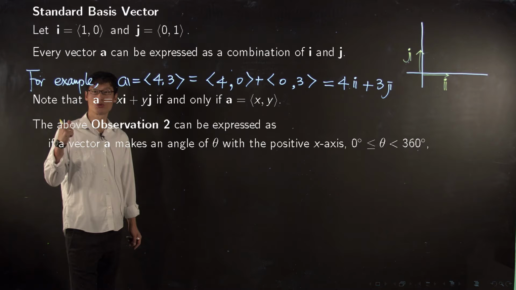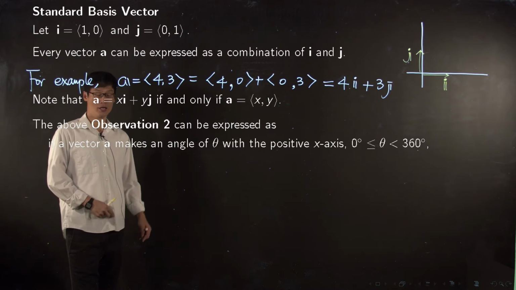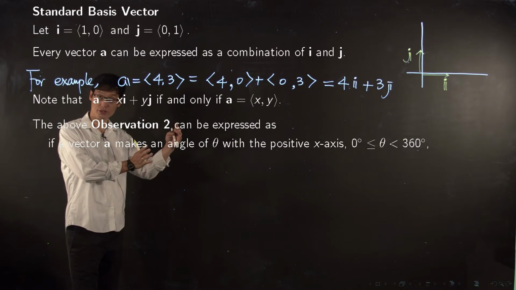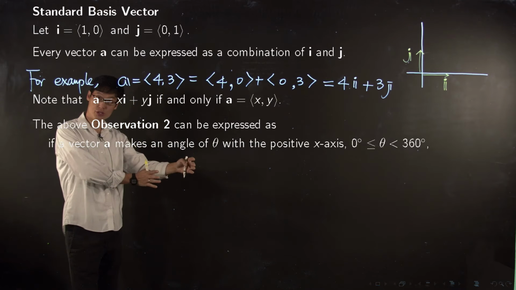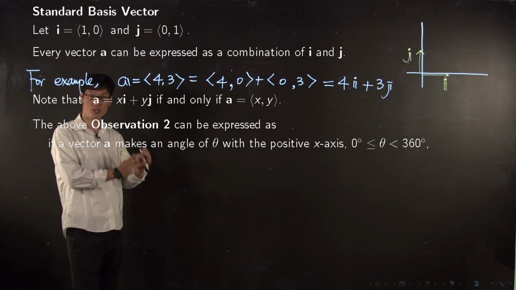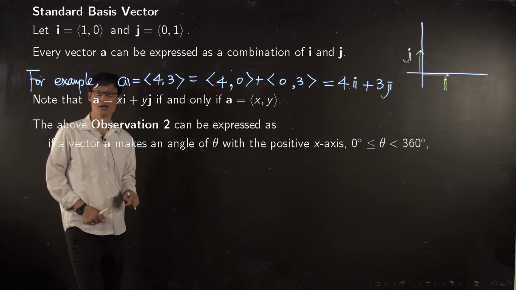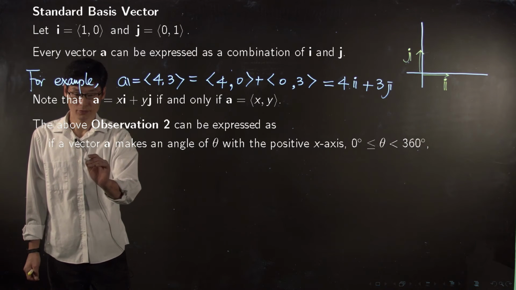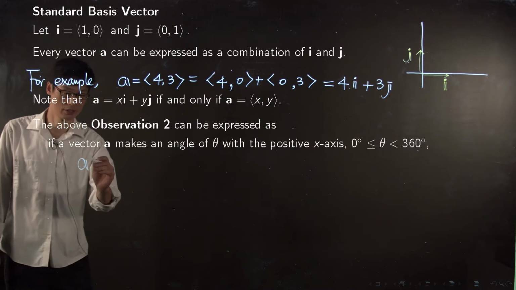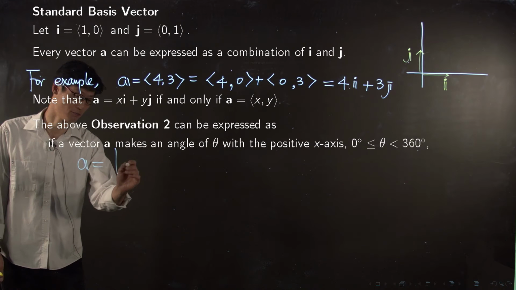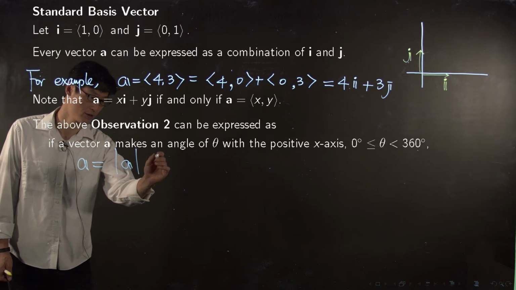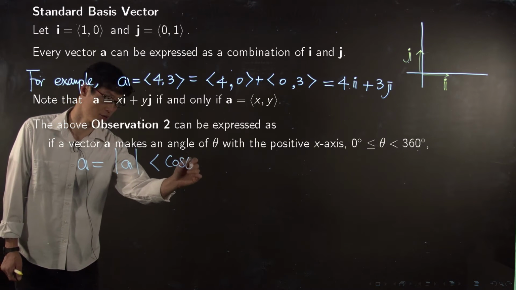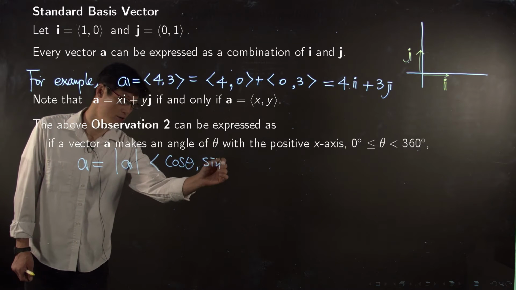Observation 2 says that we can express a vector as magnitude times cosine theta and sine theta. So vector A is the magnitude of A, times (cosine theta, sine theta).